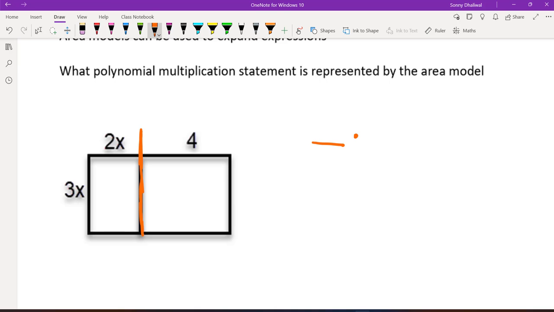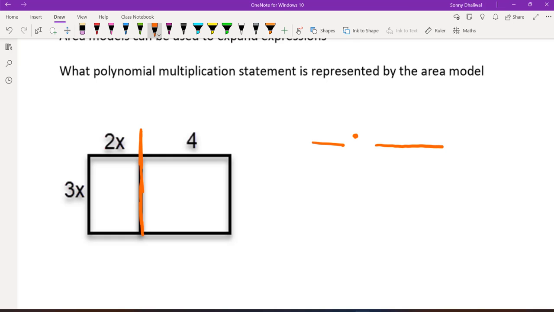What would that be? So it's something times something. What goes in the first blank? What goes in the second blank? Right? If this is your multiplication, this is your area model, what would go here? What would go here in the original question? So you're working backwards from what we did on the first side of the page.